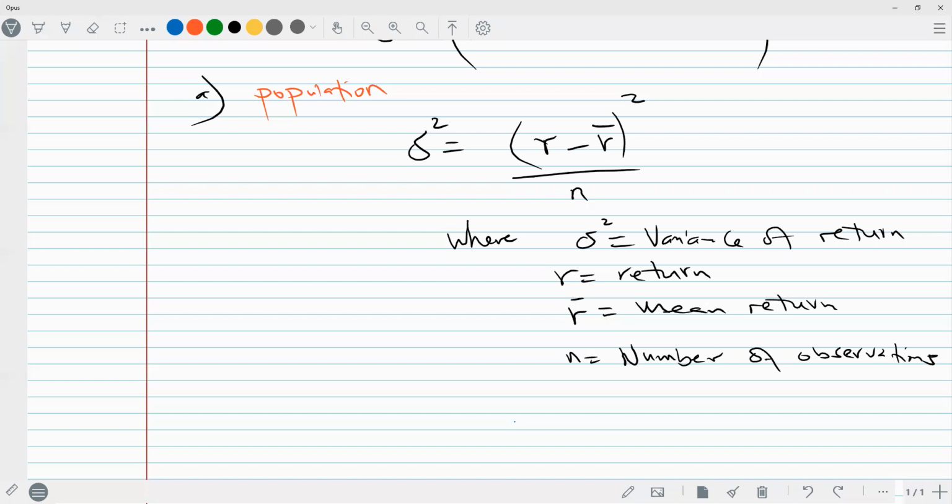If, for example, you're trying to analyze 1 year and you have arranged the data set monthly, how many observations will you be having?